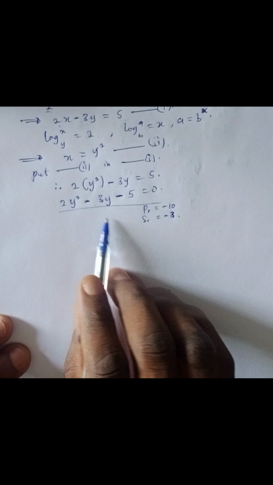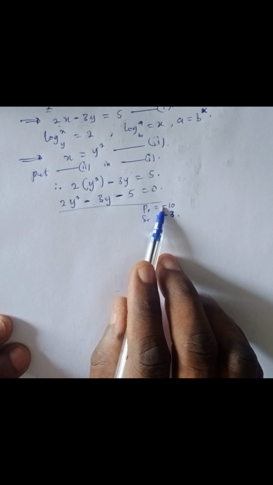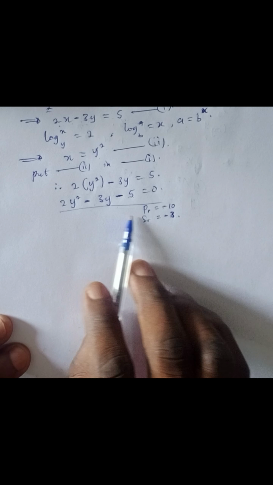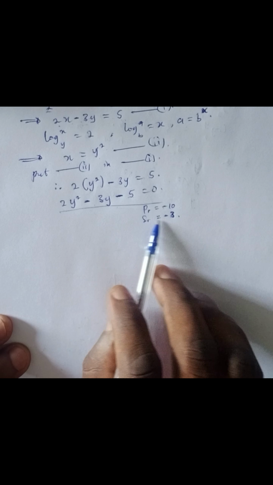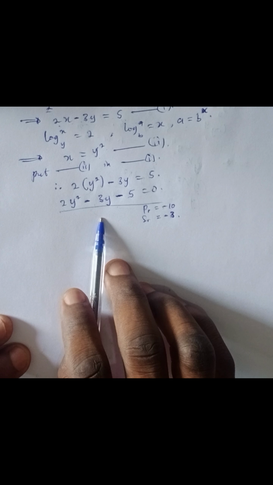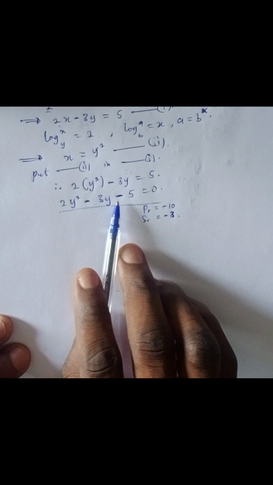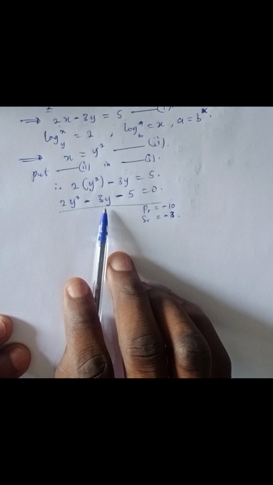Now, what are the two numbers that if we multiply them, we're gonna get minus 10, but if we add them up, we're gonna get minus 3, right? So it means that one of the numbers is negative, because the product is negative. One of the numbers is negative and the other one is positive.